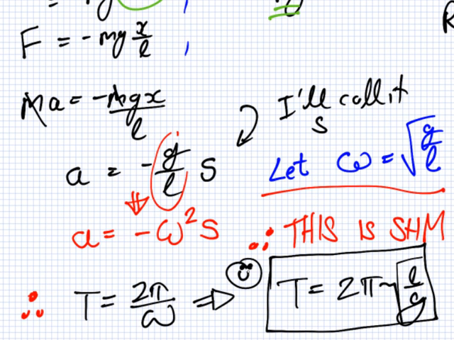What would you say at pi? g is 9.81. 0.18 is the length. It's 0.85. Yes, 0.85.